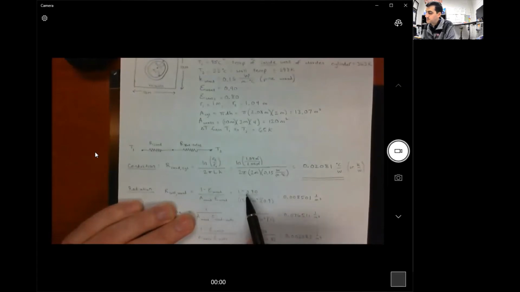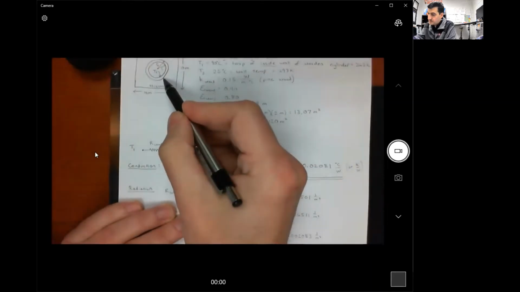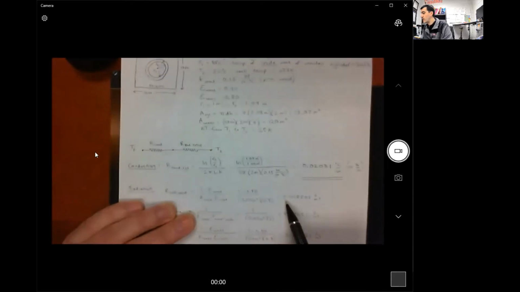So we get 1 minus 0.9 divided by the area of the wood, which is 13.07 meters squared, times the emissivity of the wood again, which was 0.9. And we get a surface resistance at the wood outside of the barrel of 0.008501 1 over meter squared.